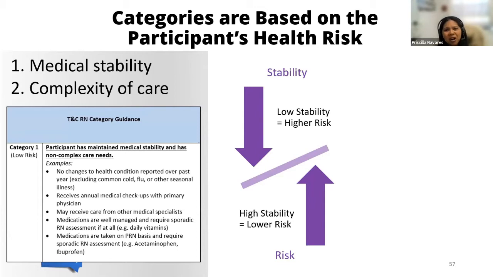But in short, if the person has lower stability, this in turn, generally speaking, means that there tends to be a higher risk, whereas if they have a higher stability, it tends to be a lower risk.